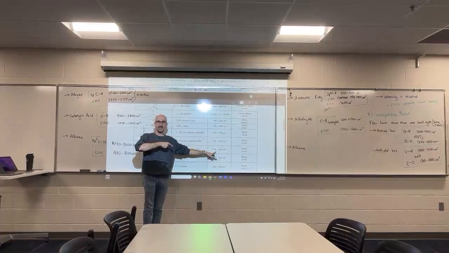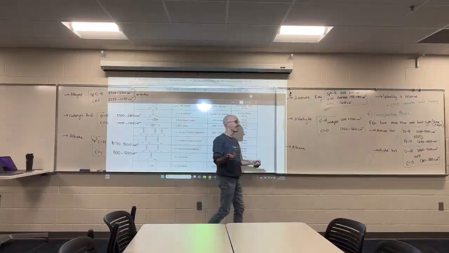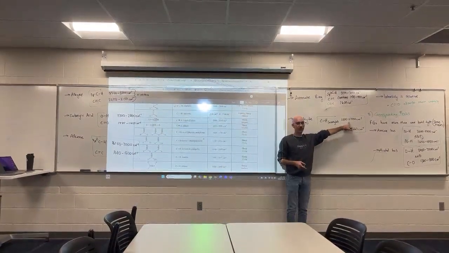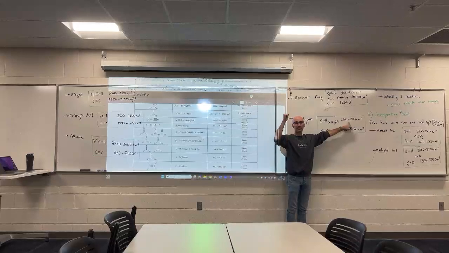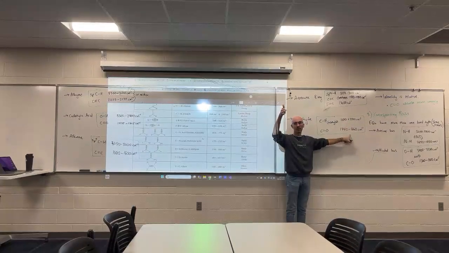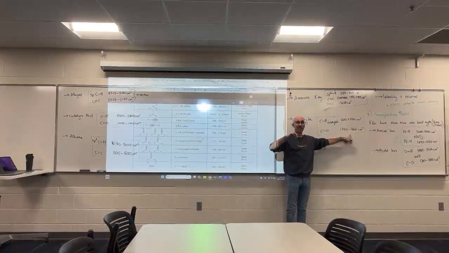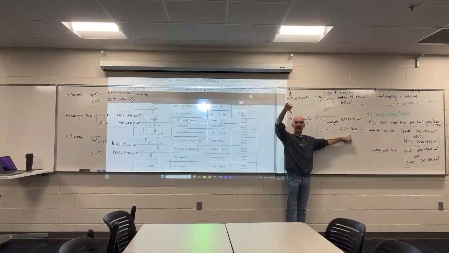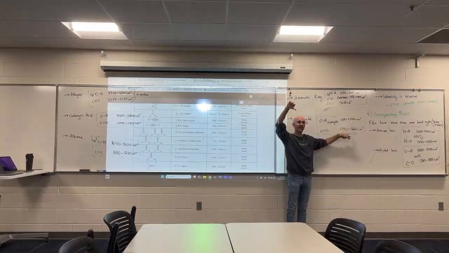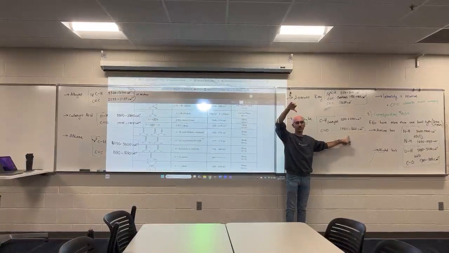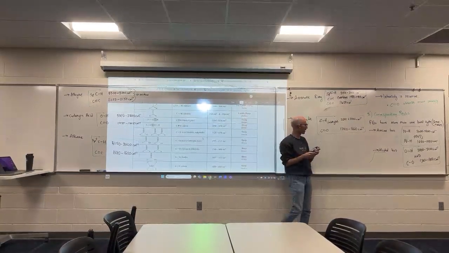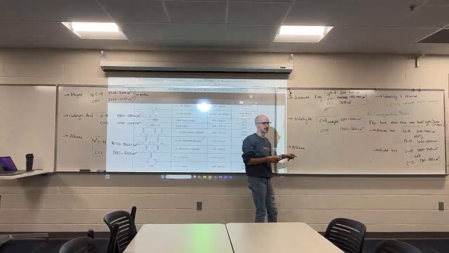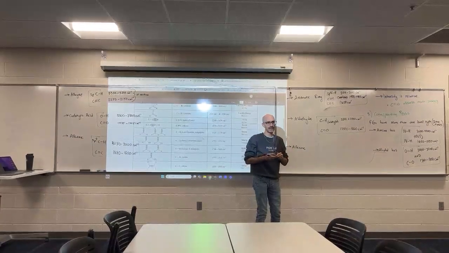But if I see a signal in this range and I see the twin peaks of the CH, I've confirmed that this belongs to the CO of an aldehyde. If I see a signal in this range and I do not see the twin peaks of the aldehyde, I've confirmed that this belongs to a ketone. That's the beauty of corresponding peaks. All right, our last one was the alkane.